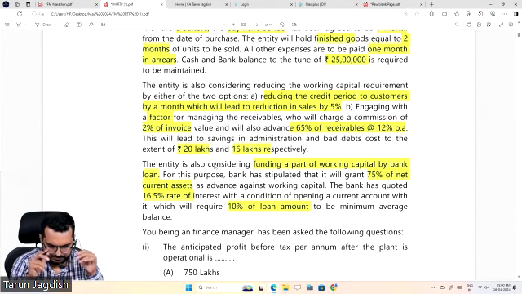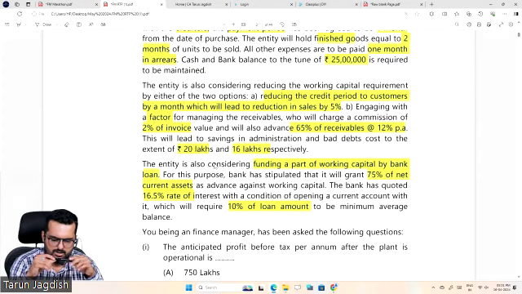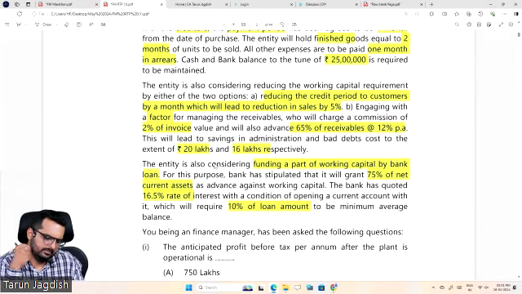So write down point number A, option 1. In option 1, you write down: reduce the credit period to 2 months.